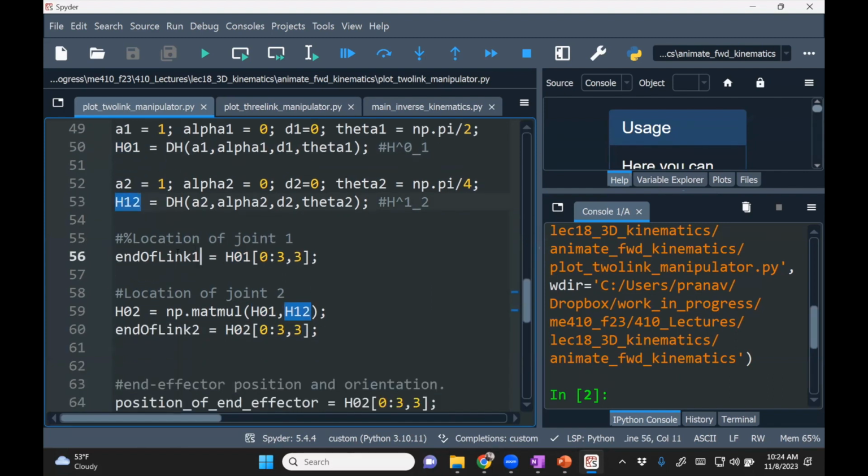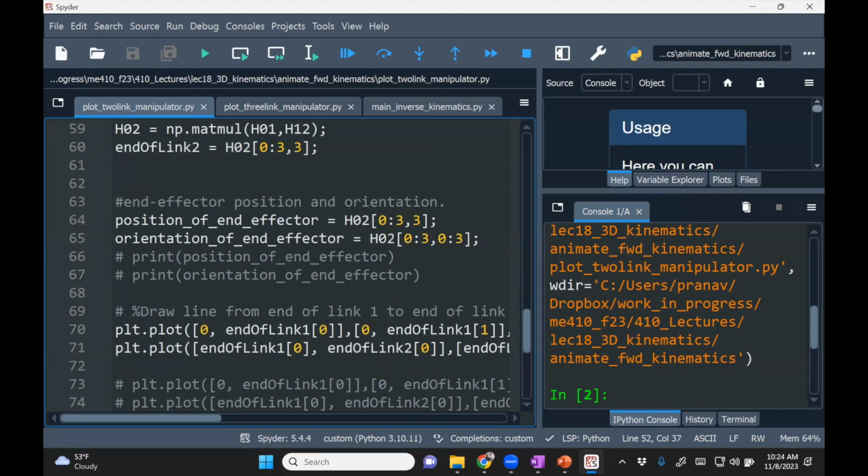To get the end of link 1, I do H01, same thing I wrote down in my notes at the position of point O. If I want the position of point P, the midpoint or the elbow joint, it's going to be H01 times H12, and then for H02, I need the XYZ coordinates. And then I need the end effector coordinates, which I get from H03.